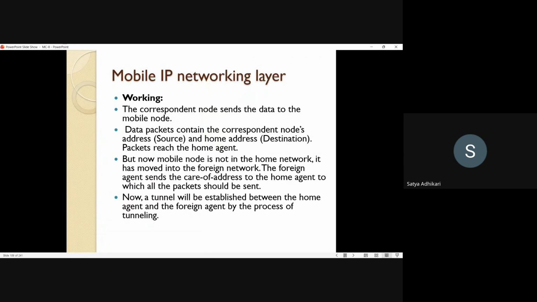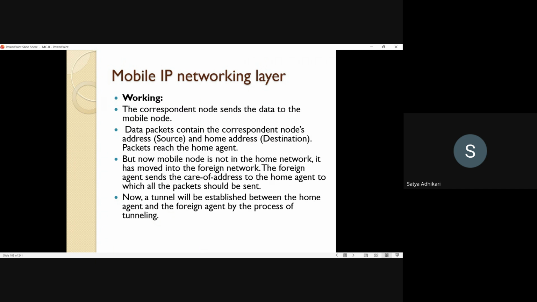So let us see how it works. We have also learned that different terms are used. Please recall: home agent, foreign agent, correspondent node. The correspondent node sends the data to the mobile node.